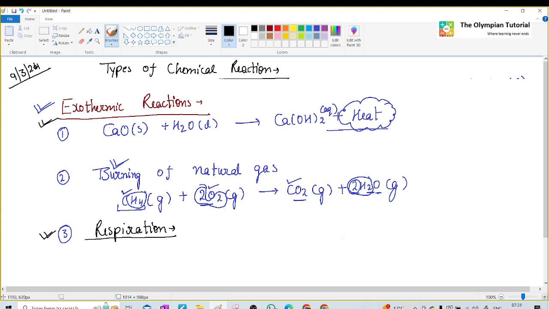We need energy to stay alive. We get this energy from the food we eat. During digestion, food is broken down into simpler substances.